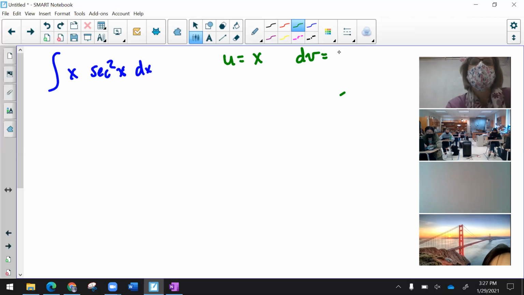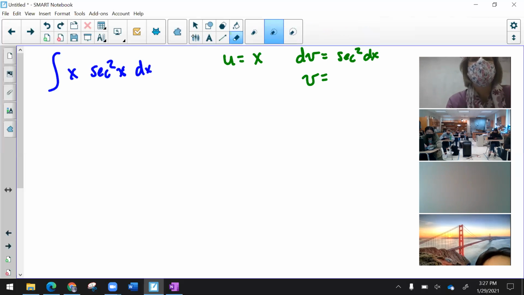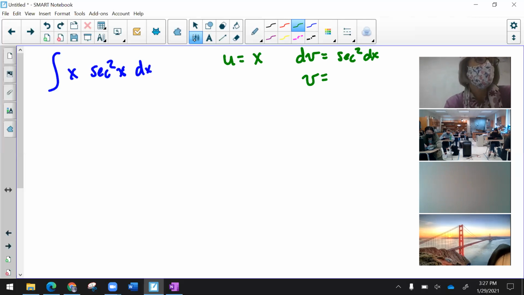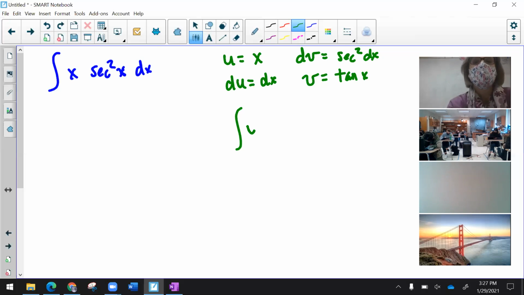Probably a good choice because you know what the antiderivative of secant squared is. And what's the antiderivative of secant squared? Tan x. Okay. And then what's du equal to? dx. Okay. And remember our formula, the integral of u dv is equal to uv minus the integral of v du.